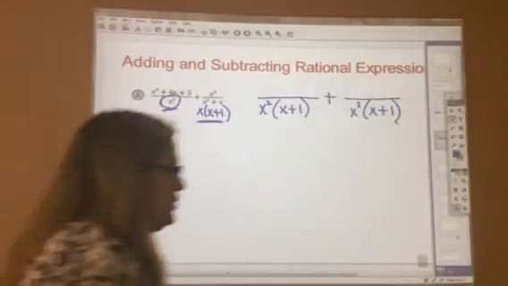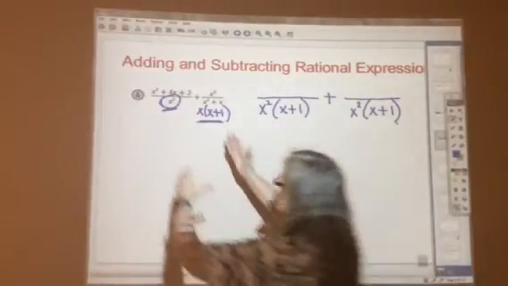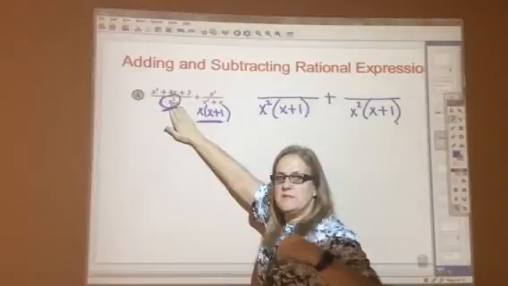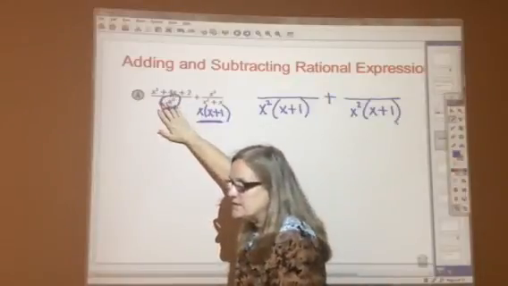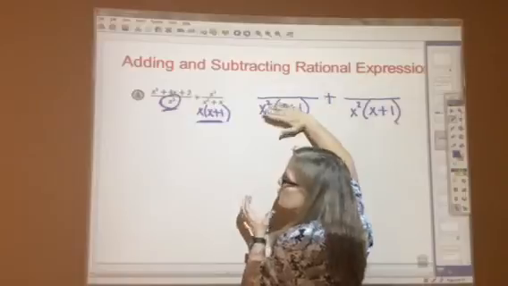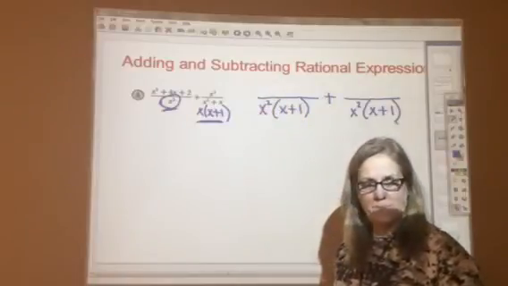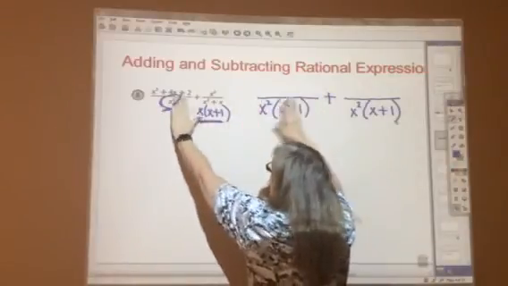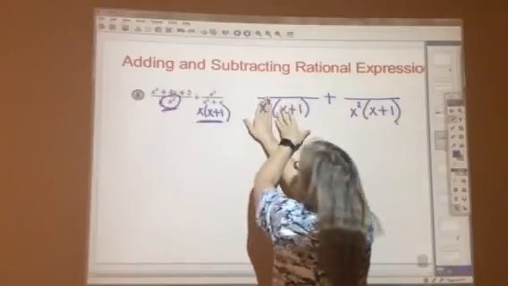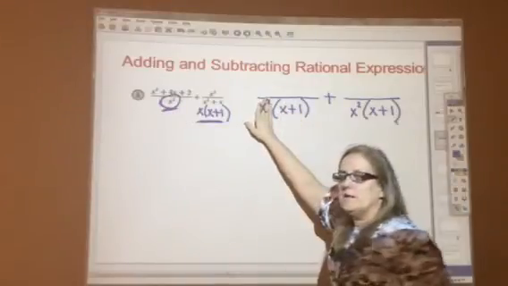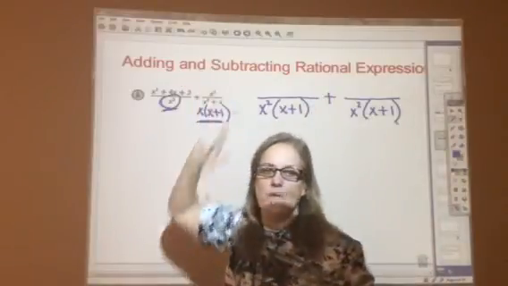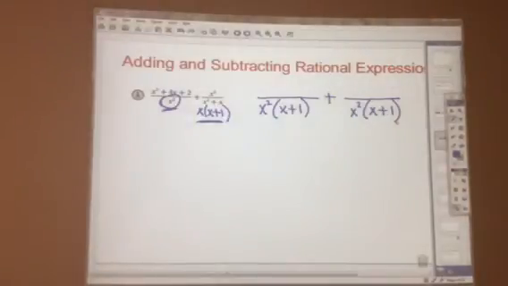Now, I have to look at each fraction separately. For this fraction, I have to look at its denominator and ask: when it is divided into the common denominator, what is left? If I divide that into this denominator, that will cancel my x squareds. What will I have left? X plus 1. So I must multiply my numerator by x plus 1.